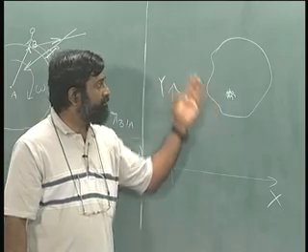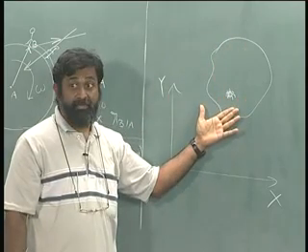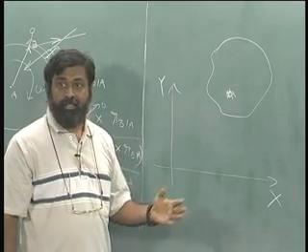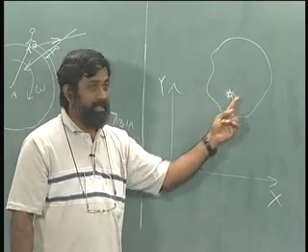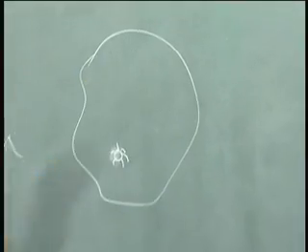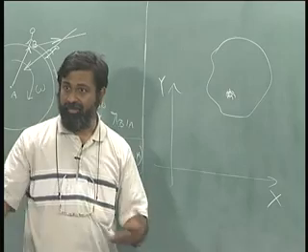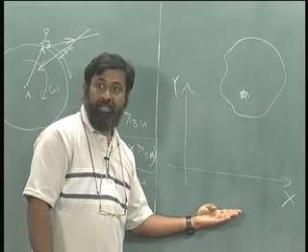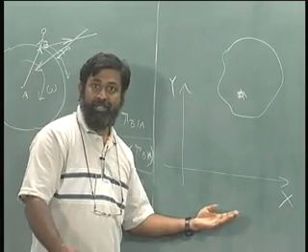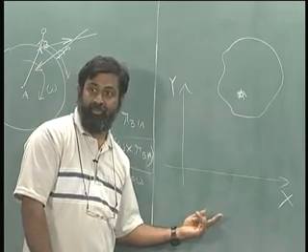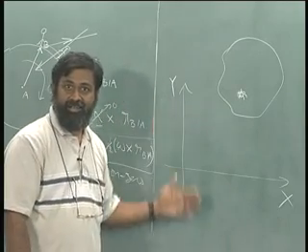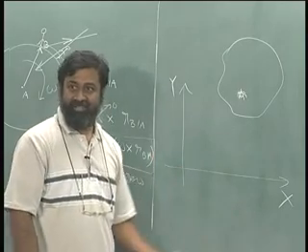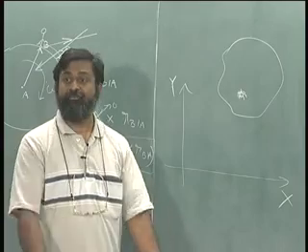Why can't I just live with whatever acceleration that I am seeing when I am standing on this? Because the acceleration that I am seeing when I am standing on this rigid body is a relative acceleration, whereas Newton's law can be applied only if I have been able to fix a particular frame, a non accelerating frame.